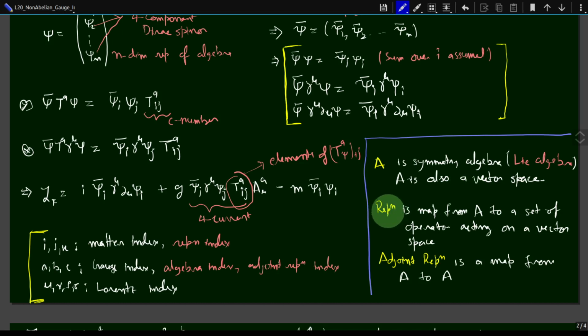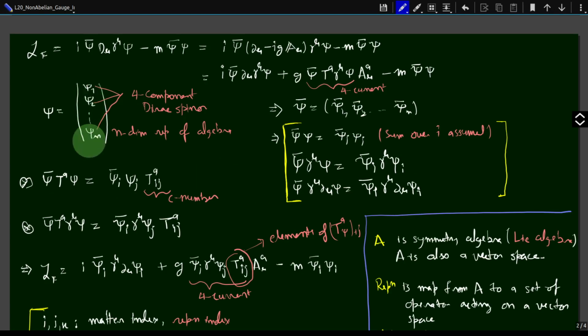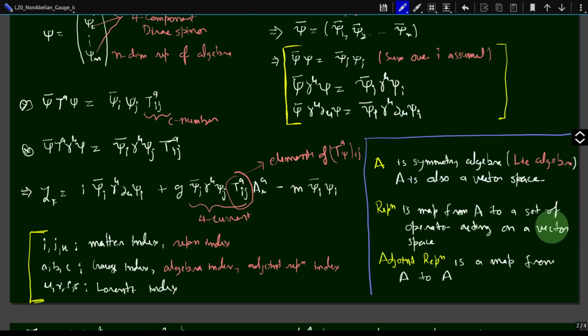So a representation basically is a map from A to a set of operators acting on a vector space. So we choose a vector space, and this vector psi belongs to that vector space, and these TAs will be the matrices acting on this vector space. So that is, the TAs are elements of the algebra. And so what I do by representation, I choose a vector space, and the operators acting on this vector space satisfying the same algebra as the original algebra will be considered as a representation of that algebra. So that's how the representation theory works.